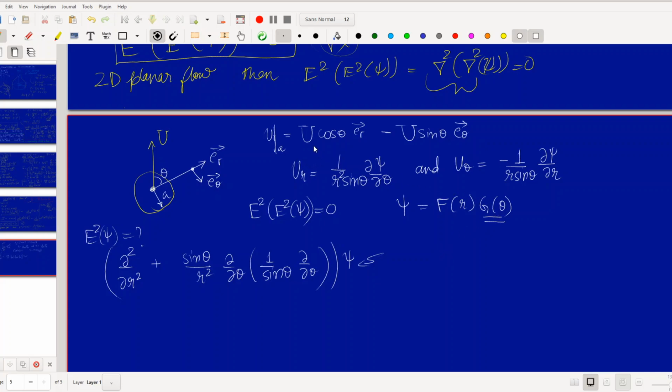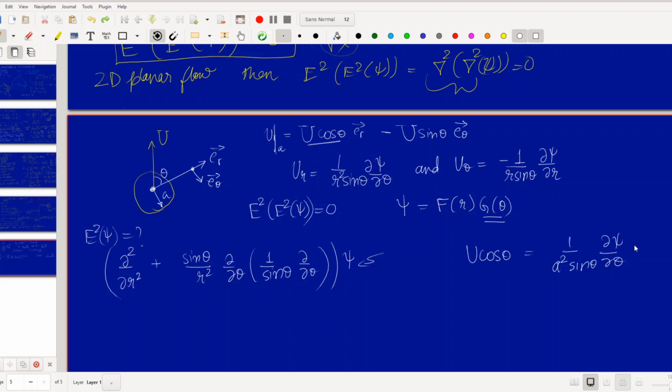So let us see, ur at a is equal to U cos theta. So U cos theta is 1 upon a square sin theta del psi del theta, right? Because ur is equal to 1 upon r square sin theta del psi del theta. I have substituted r equal to a in this expression.